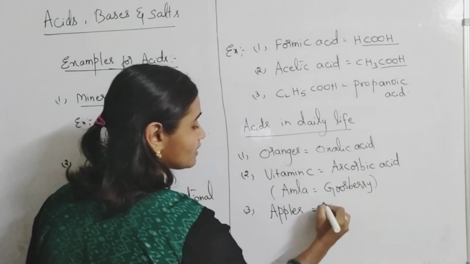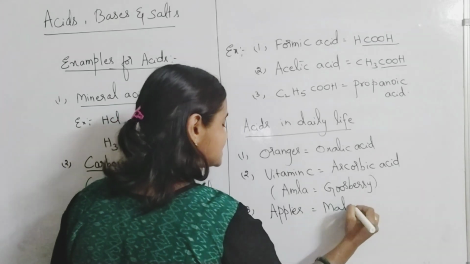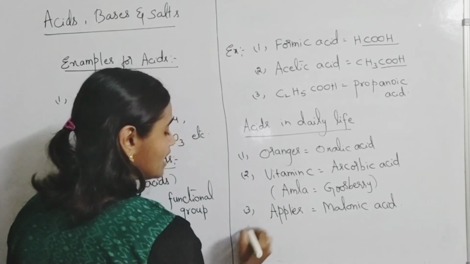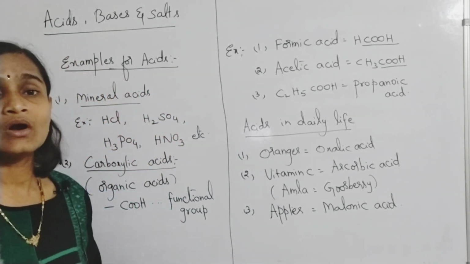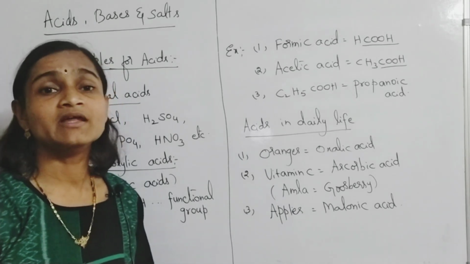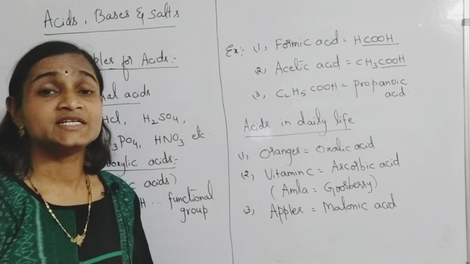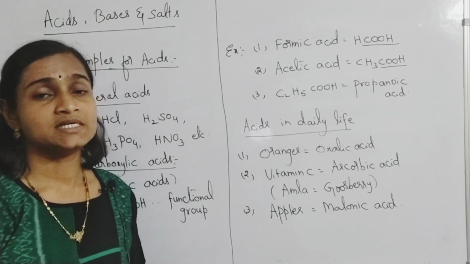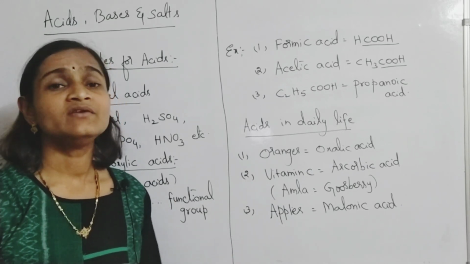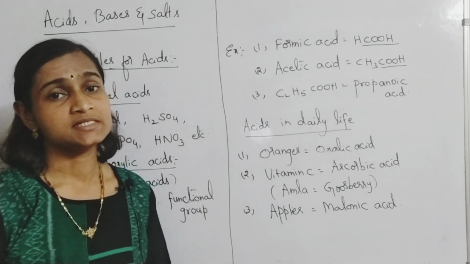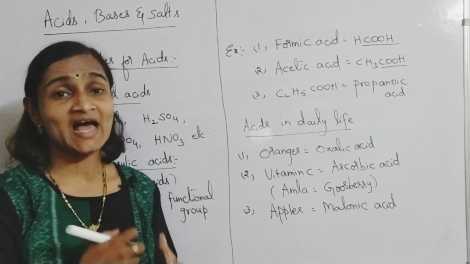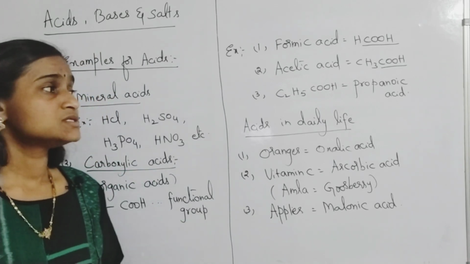You also find acids in grapes as well as citrus fruits like lemon, which contain citric acid. In all the citrus fruits we find one or the other acidic substances. That's why they are sour in taste, because of the presence of acid in them.